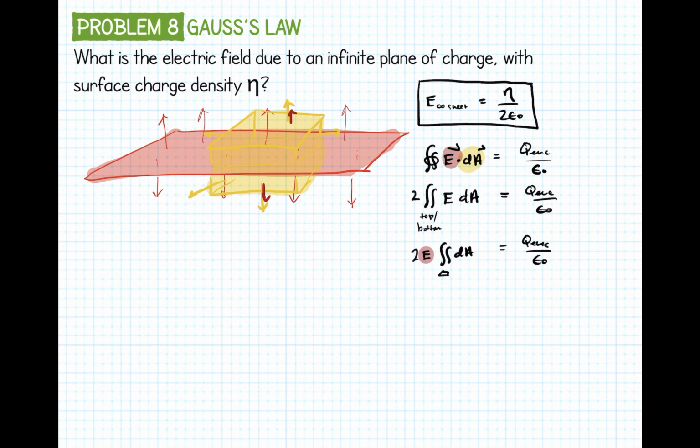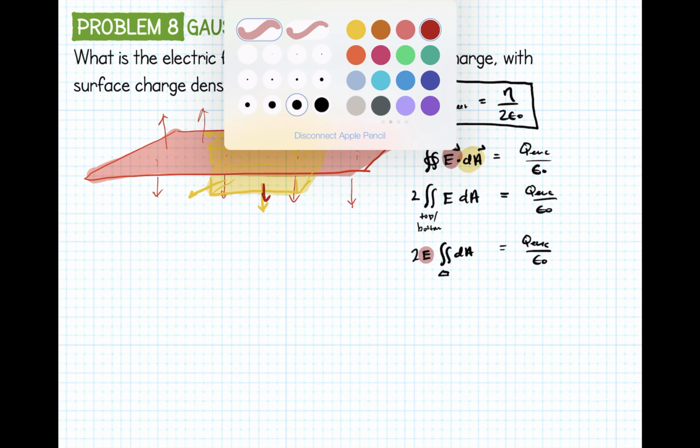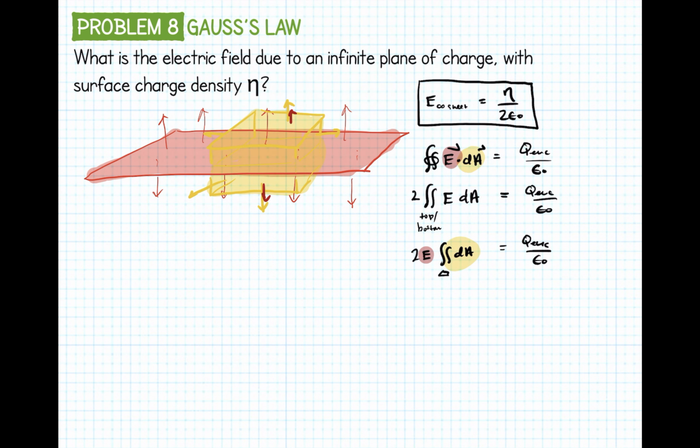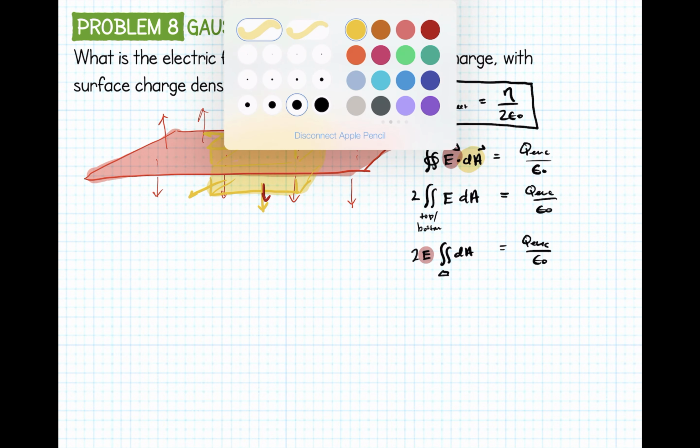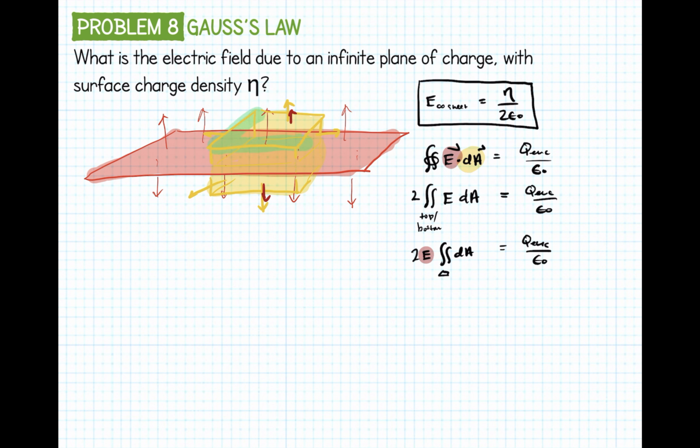Remember, this is E, this is our dA. You're just integrating this top, and we're doing the top and bottom, but because we multiplied by 2, we only have to do one, because we know they're the same.